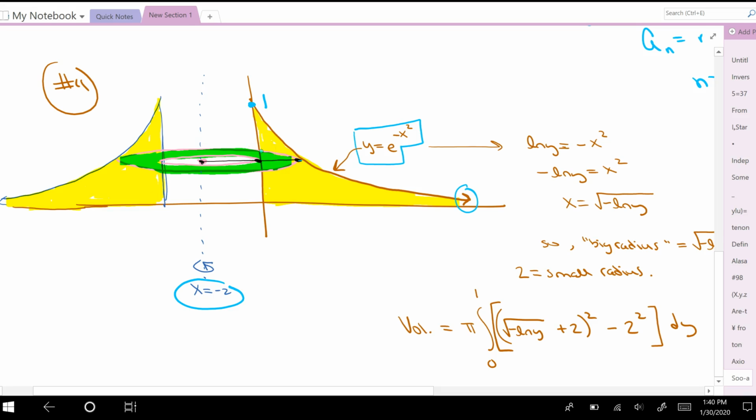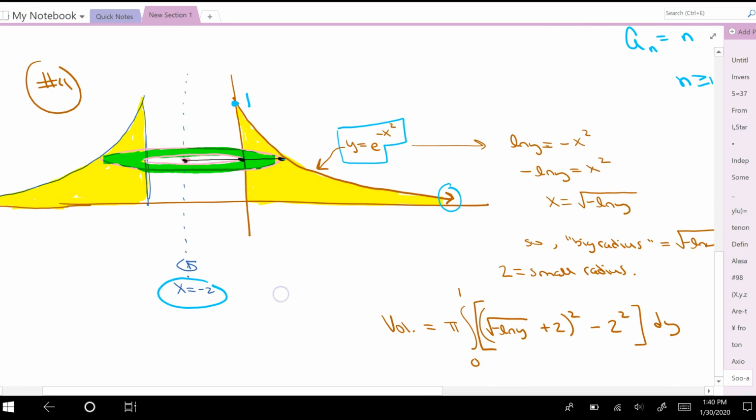So when I'm looking at this, everybody, I'm just going to do a gentle review of volumes. How are the cross-sections stacked? Cross-sections are stacked vertically, which means I'm going to need an integral in terms of what, everyone?